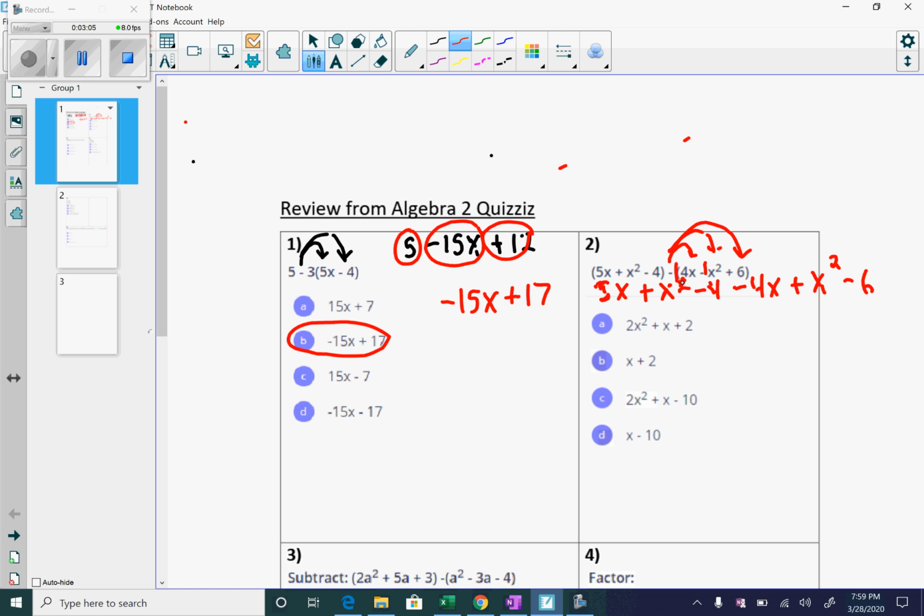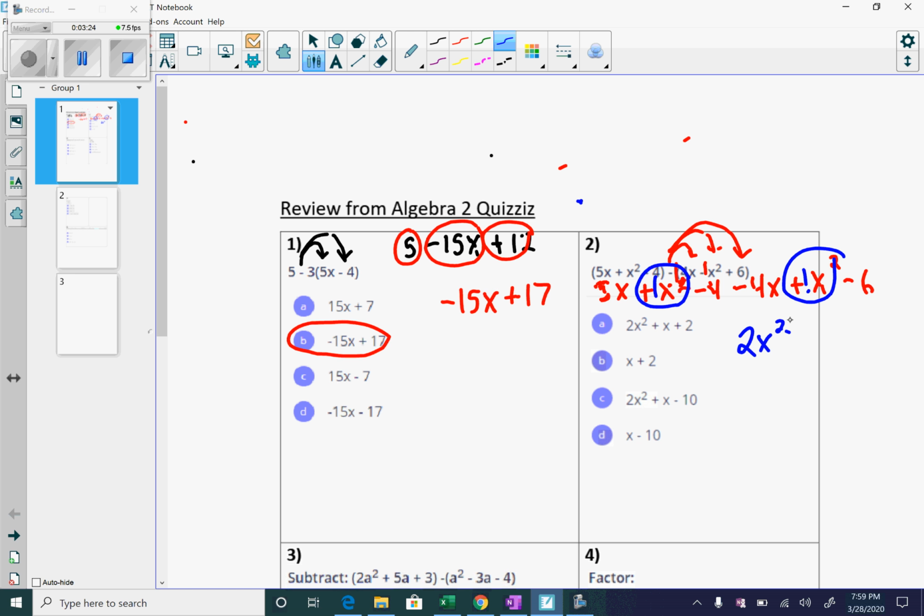Okay, so remember, when we combine like terms, we try to put the answer in descending order, so highest exponent in front. So I'm going to combine 1x squared with 1x squared, and that's going to give me 2x squared.